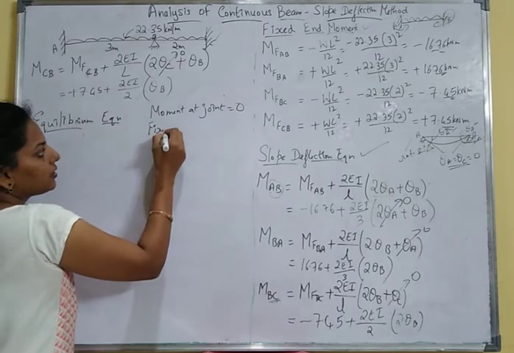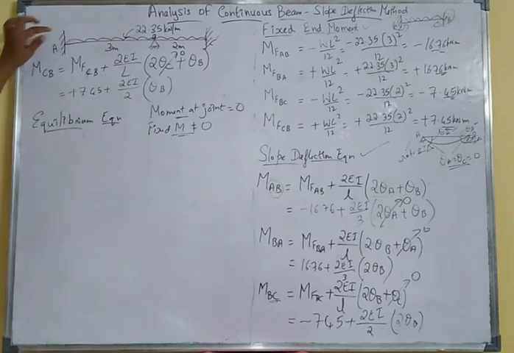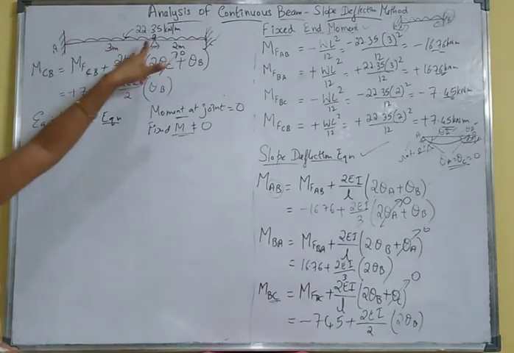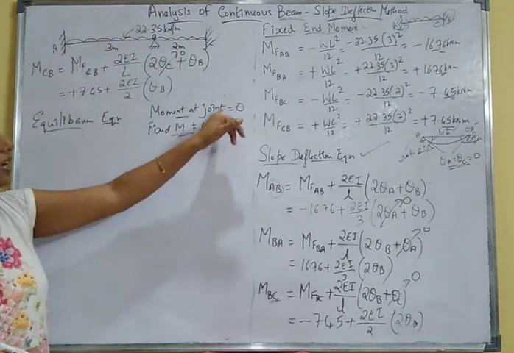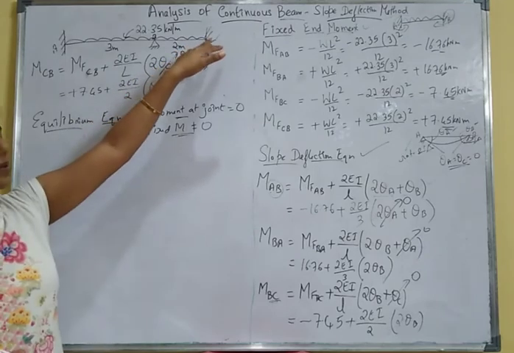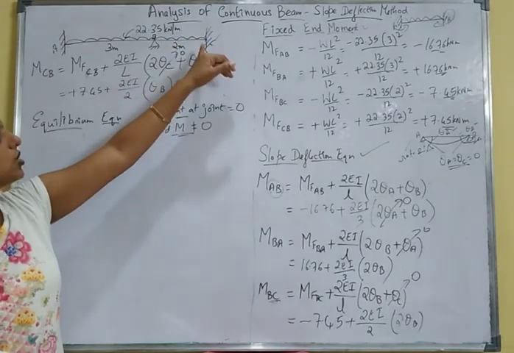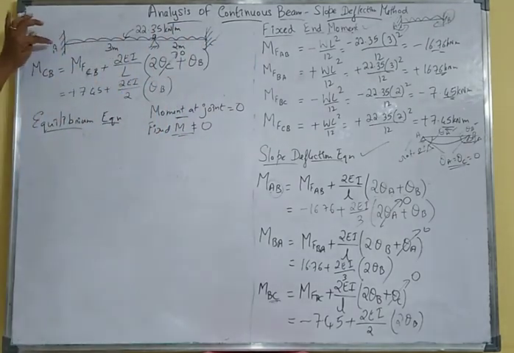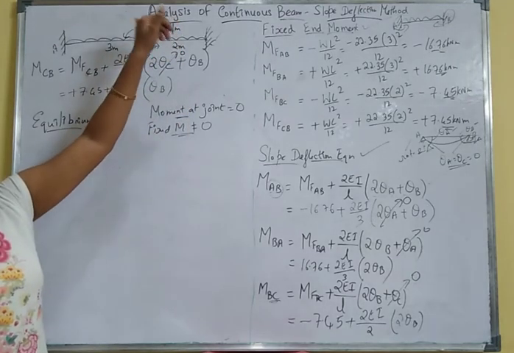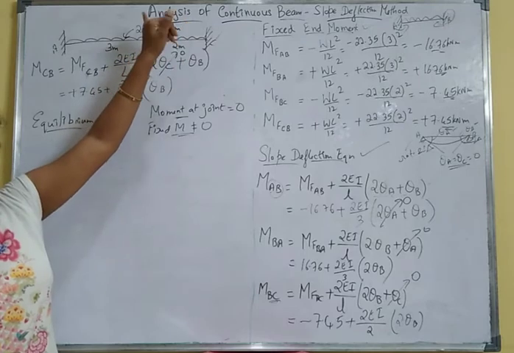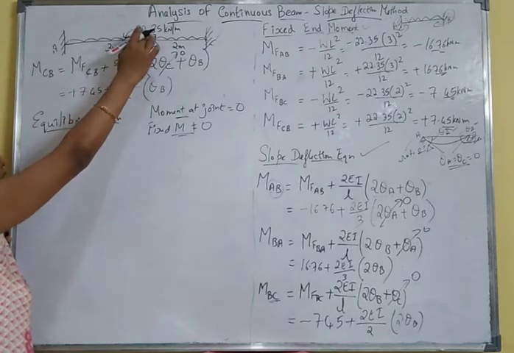There will be a rotation, but the summation of the moments at this joint will be equal to 0. Suppose it is simply supported over here, the moment will also be 0. So moment will be present only when there is a fixed end. So the summation of moments at this joint will be equal to 0, and based on that we have the equilibrium equation.